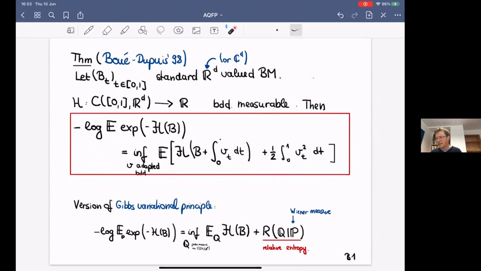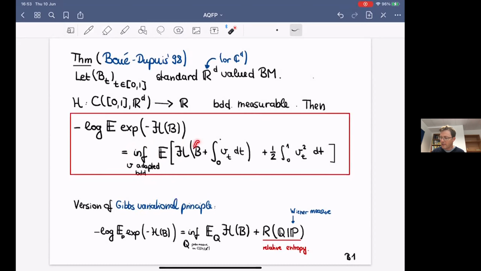The nice thing about this variational representation is, of course, you have moved the exp out. Before, you had to take an exponential expectation and take the log, as you typically do, and now on the right-hand side you don't have that anymore. You have only the functional itself. But of course, you have to pay a price, and the price are these adapted bounded shifts.